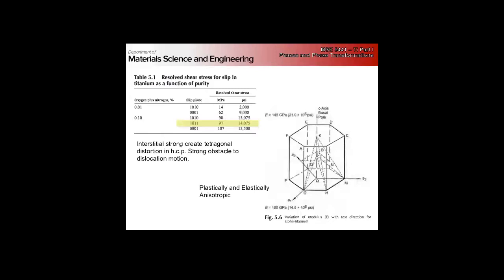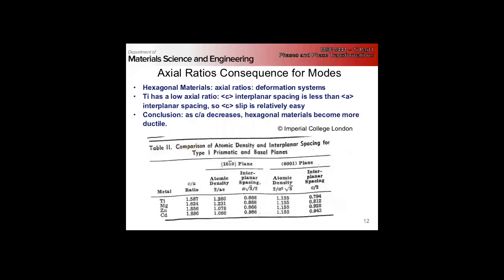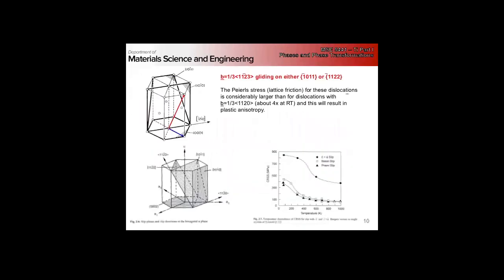So the interstitials actually reduce the difference in energy to activate dislocations on the basal versus prismatic.